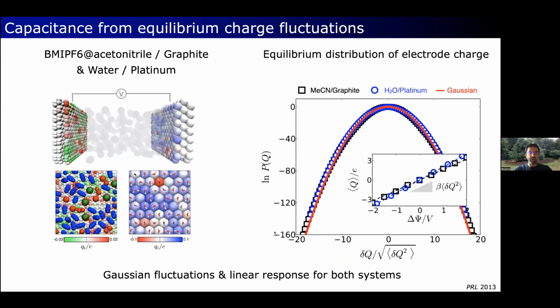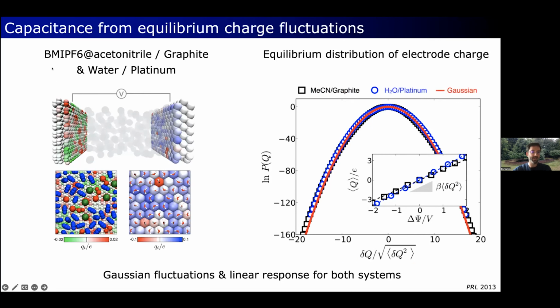So let me now show you some results. So for example, in this earlier study, we considered two different capacitors. So here is an illustration where you have different electrodes, but in fact, each system has two identical electrodes, just to visualize how they look.